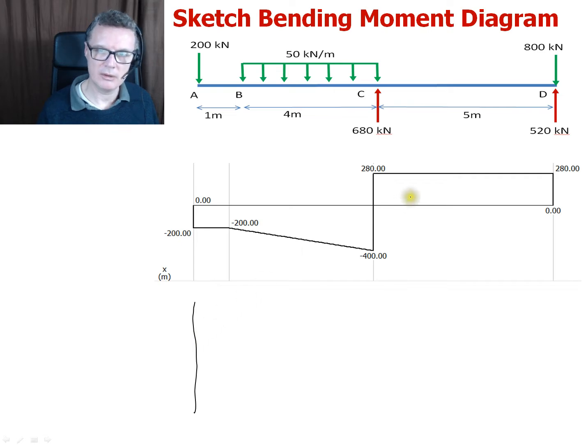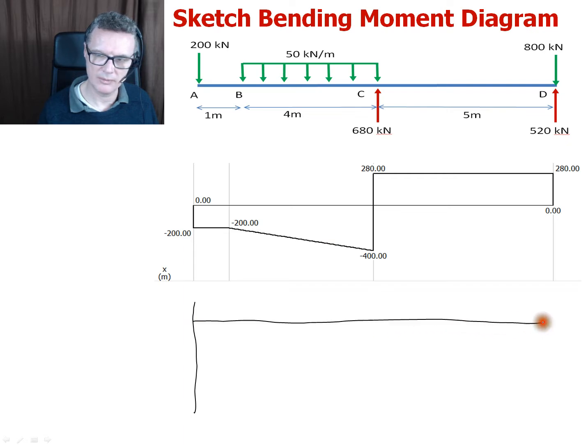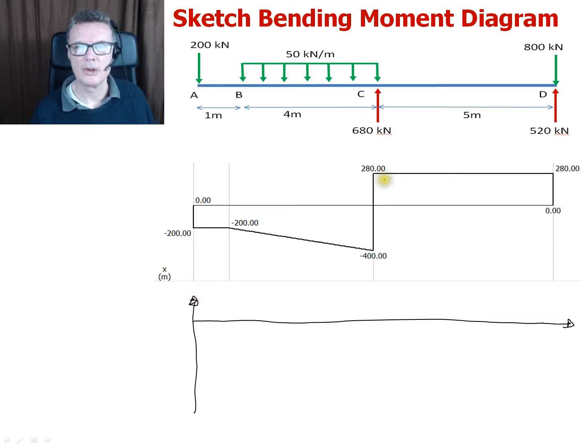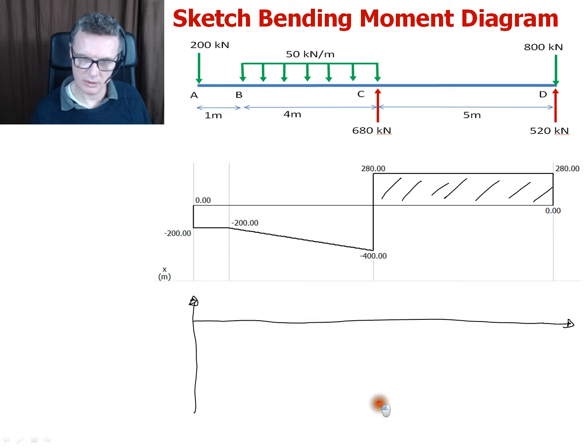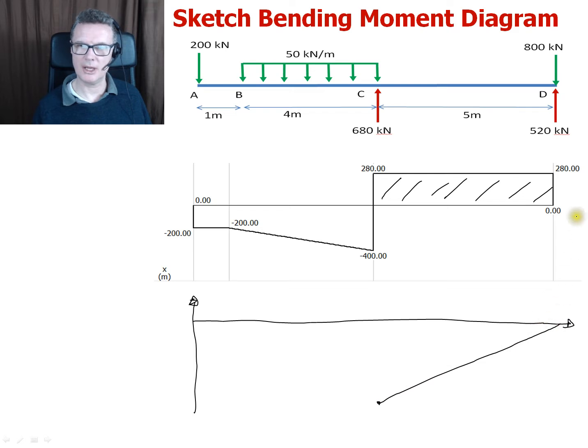So we know that the maximum is 1400 and it's going to be a negative. Okay, so this area here, when I found that to be minus 1400, I know that it should drop down to 0 at the end.